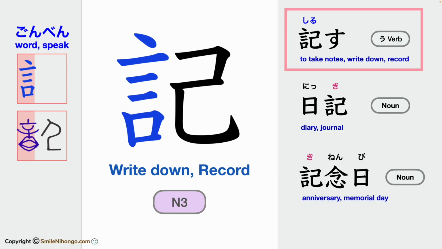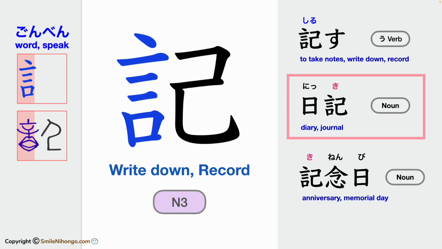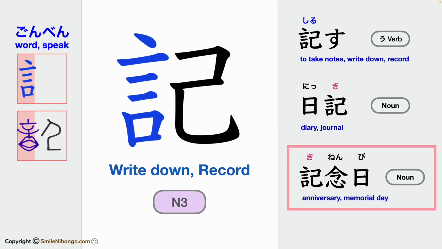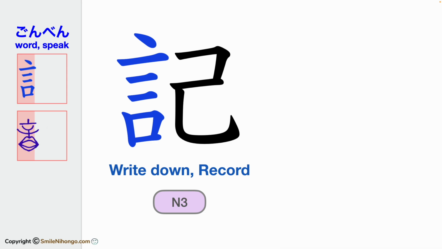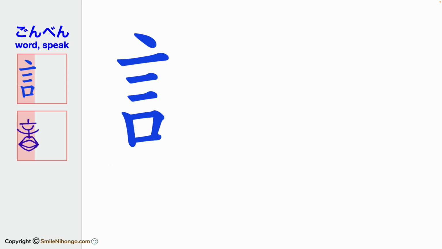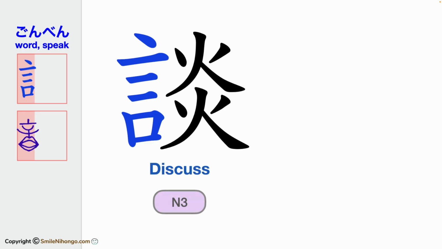記す、日記、記念日。Okay, here's the final kanji for today's lesson. This kanji means to discuss.